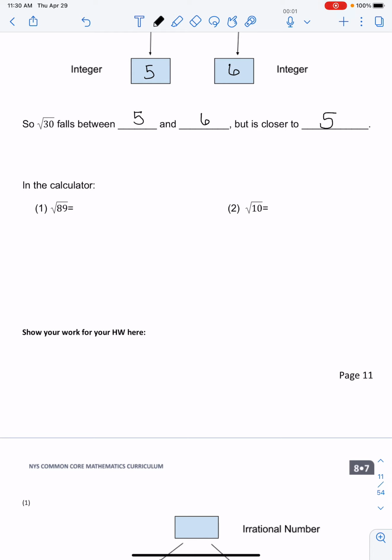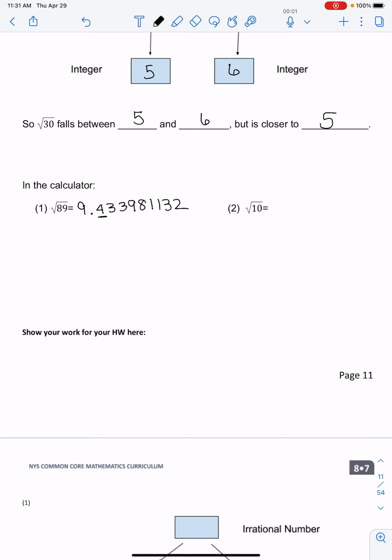Well, if I put the square root of 89 in here, the square root of 89 is 9.43381132.